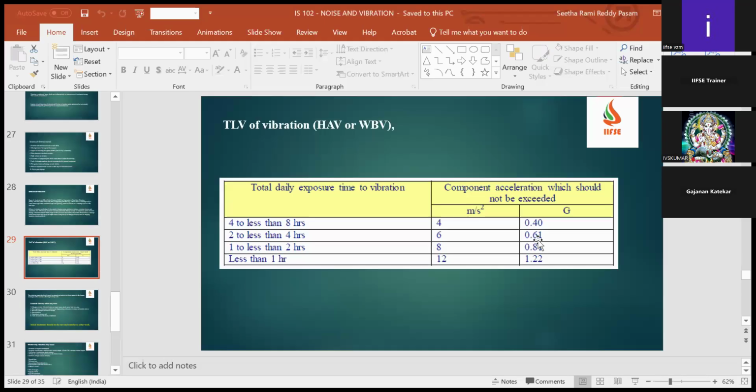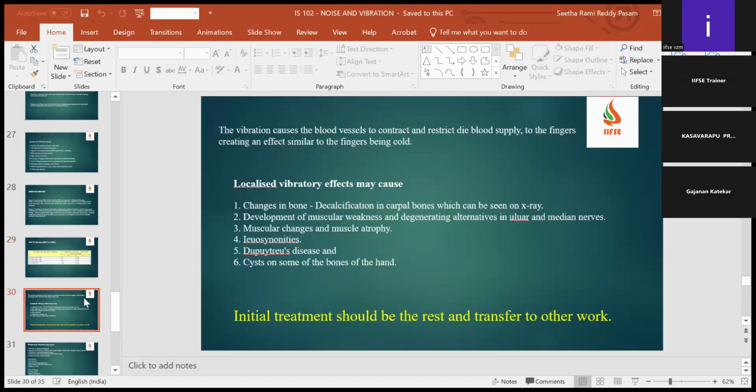Leave it, don't get confused. Nobody will ask you in the examination about these calculations, so we'll stick with the fundamentals itself. Okay, no problem, sir. Please continue.